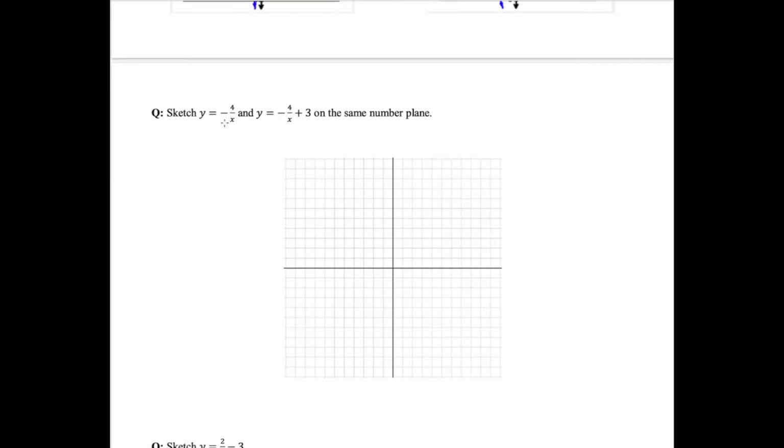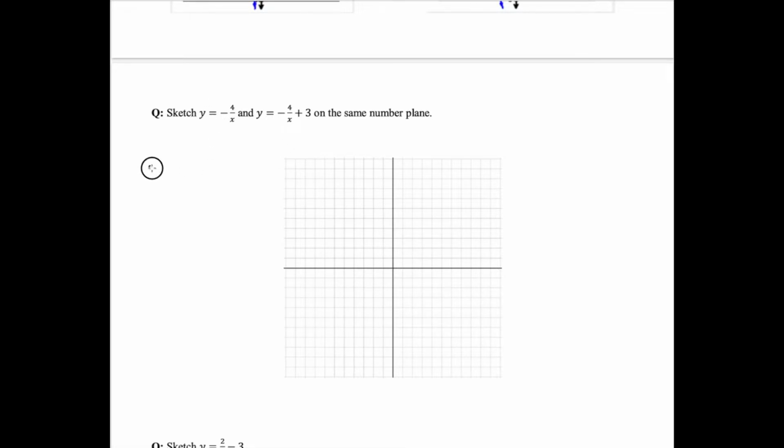Sketch y equals minus 4 on x and y equals minus 4 on x plus 3 on the same number plane. I'm going to start with y equals minus 4 on x. To sketch this graph, like I said with the basic hyperbolas, the equations of the asymptotes are the x-axis and the y-axis. Now I'm going to substitute one point first.